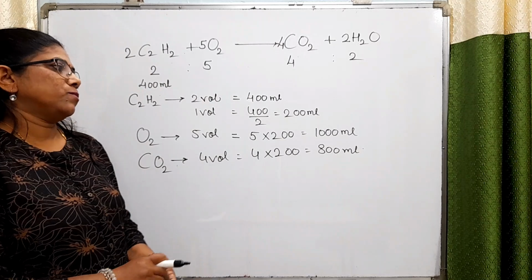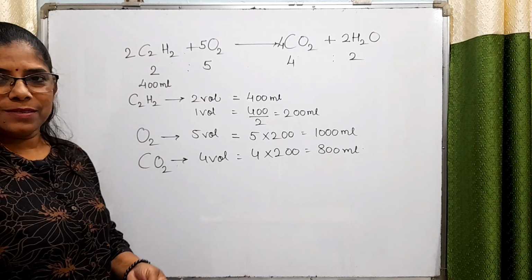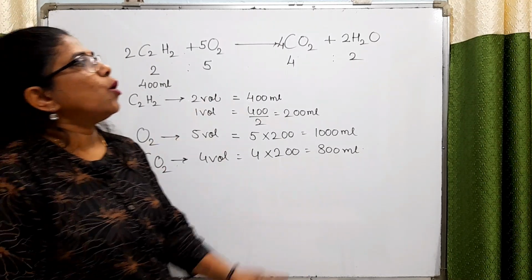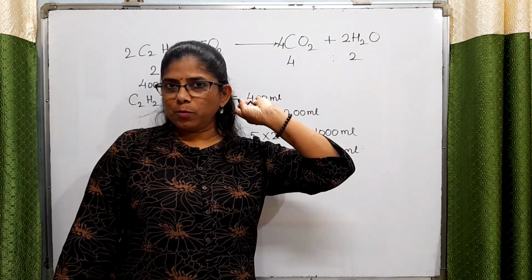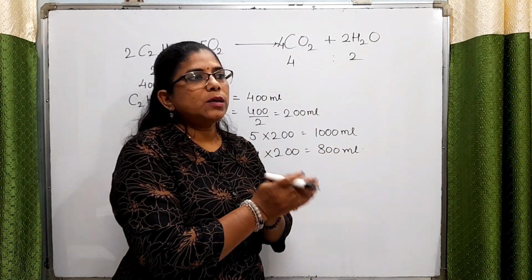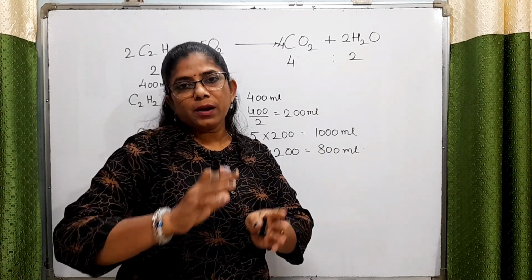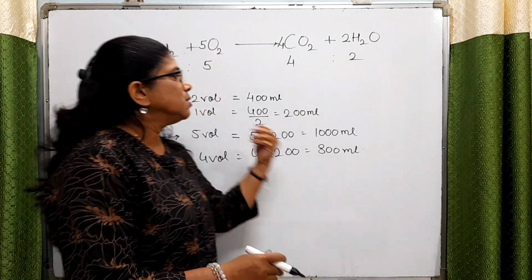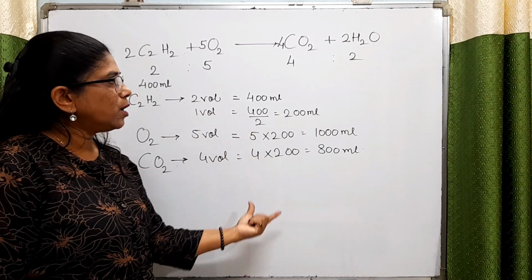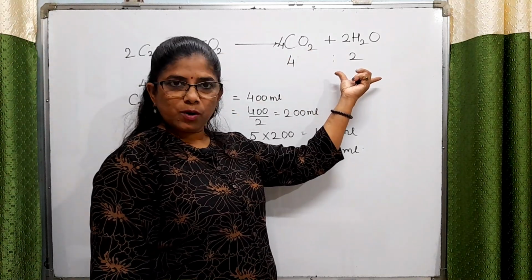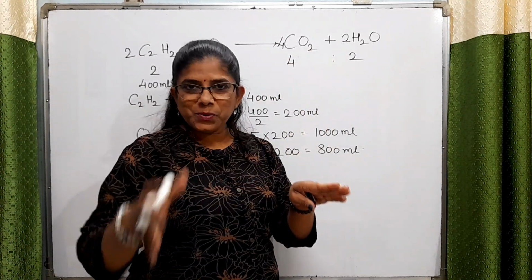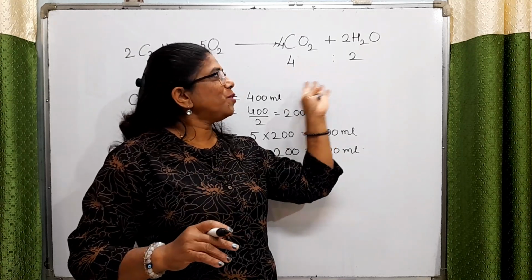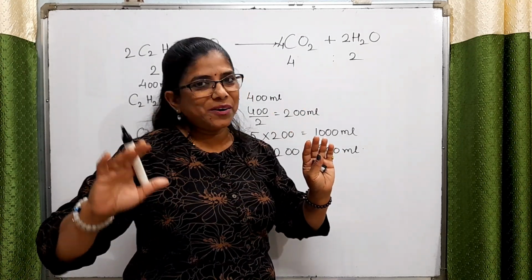800 ml. And suppose they ask the volume of water vapor formed, or the volume of the products formed in this reaction. We know 1 volume is equal to 200. We have 2 volumes of water vapor, so multiply 2 into 200. The volume of water vapor formed is 400 ml.